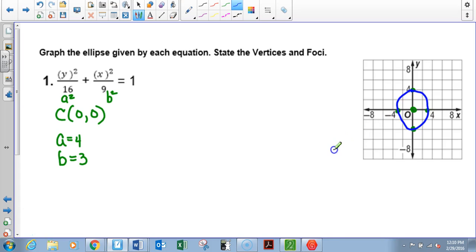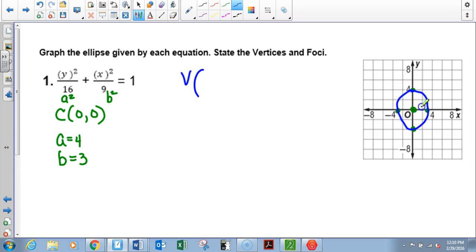It's pretty bad. Potato-looking ellipse. Which was the major axis? Up and down or across on this one? Yes, this is a vertical ellipse. It's up and down. So the endpoints of that are the vertices.